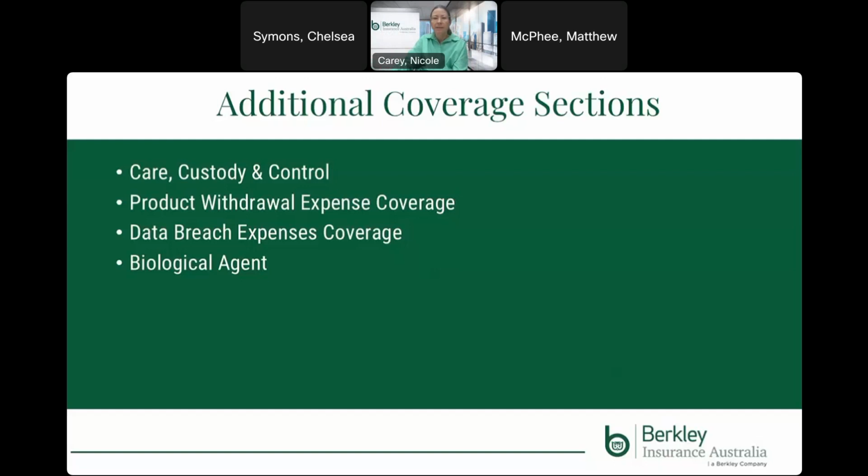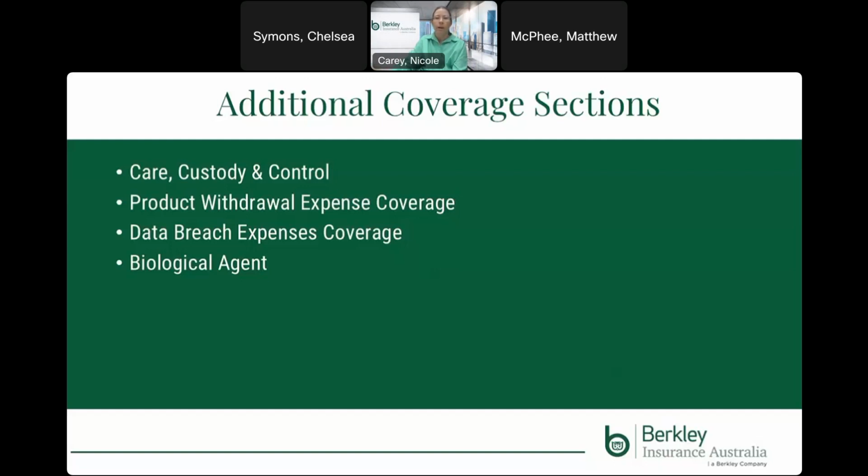The next section that we've got is data breach expenses coverage. So this is a sublimited coverage which will provide expenses coverage to the insured where an unintentional act or omission on the part of the insured has caused a disclosure of protected personal information, or where the insured has failed to protect such information from access or use by any person or entity not authorised to have such access or use.